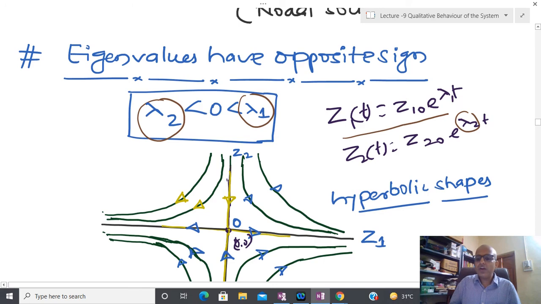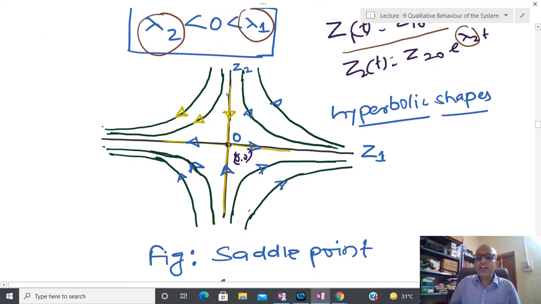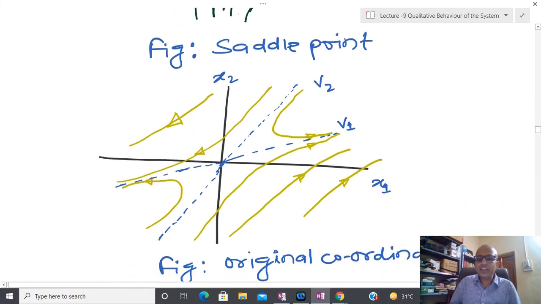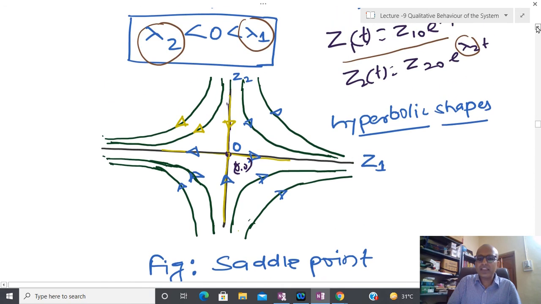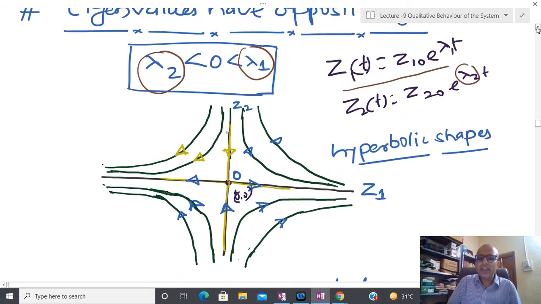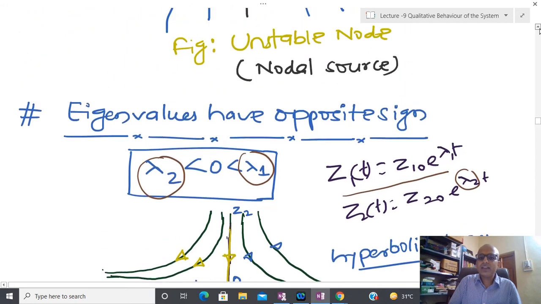After that, try to plot the relation between Z1 and Z2. Here I have not derived that kind of relation, but from here it becomes clear. You can see that if I have a relation like this, z1 of t equals z1(0) e power lambda 1 t, and z2 equals z2(0) e power lambda 2 t.